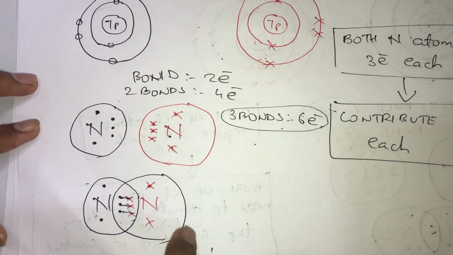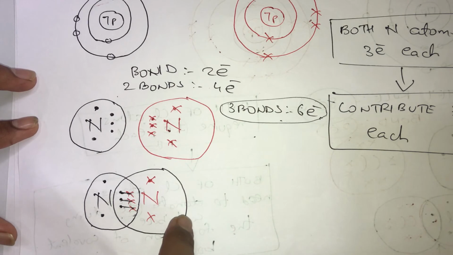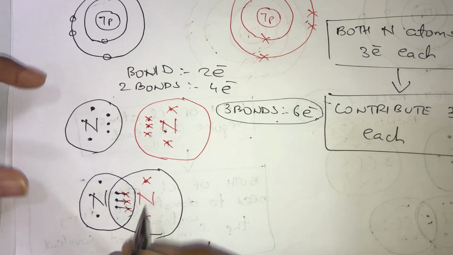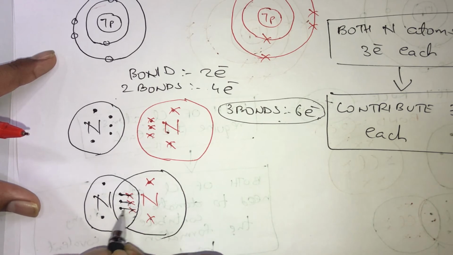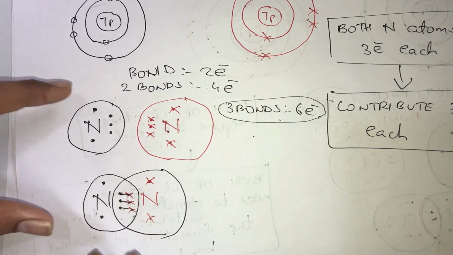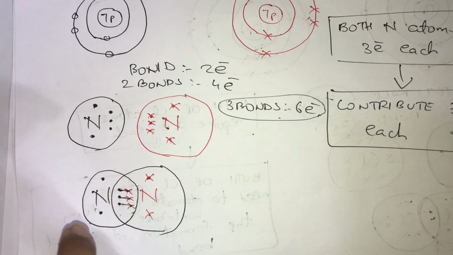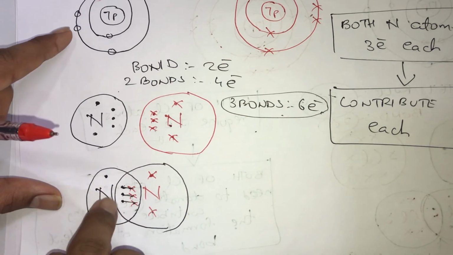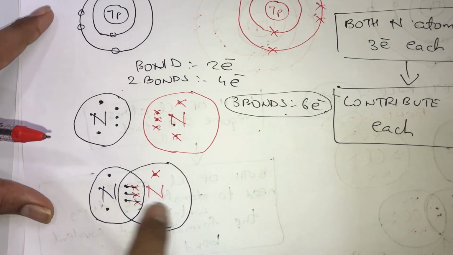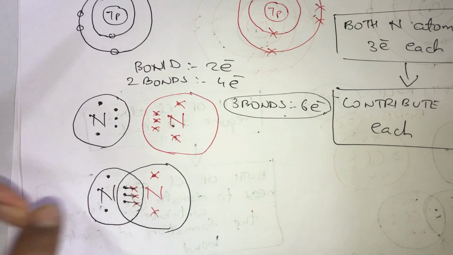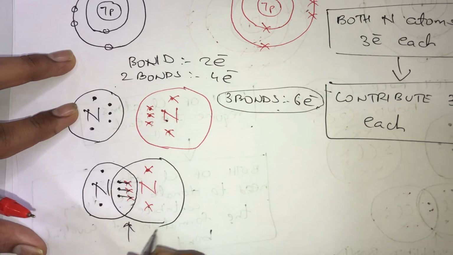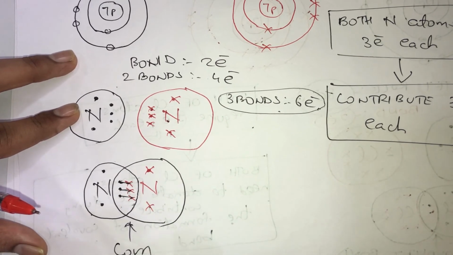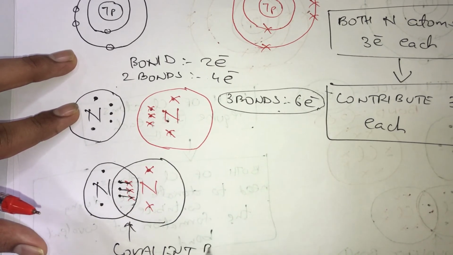Again, if someone asks you how many electrons are present in the outermost energy level of this right hand side atom, the answer will be 1, 2, 3, 4, 5, 6, 7, 8. Because these 6 electrons, or you can say these 3 pairs, are being shared by both these atoms. These 3 pairs do not belong to a single atom. Guys, these 3 bonds that are being formed are nothing but covalent bonds.